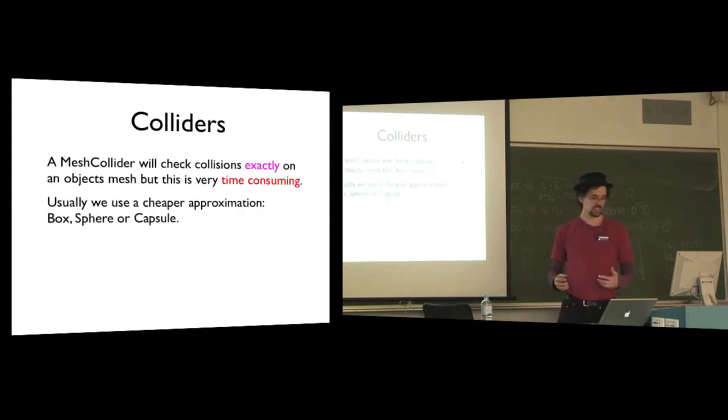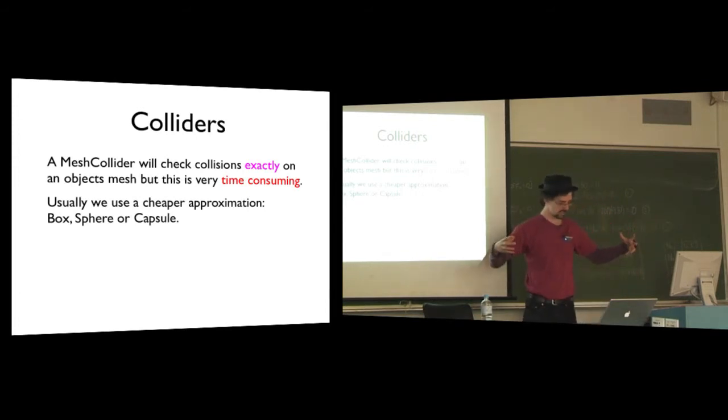A mesh collider will check collisions exactly on an object's mesh. So if you have a complicated shaped object and want to check exactly whether a point is inside or outside that shape, you can use a mesh collider. But the problem is that's very time consuming. So if you have a physical body of your player and you want to check whether a certain point is inside or outside that body, if I have to check every single point inside my volume, it's quite complicated.